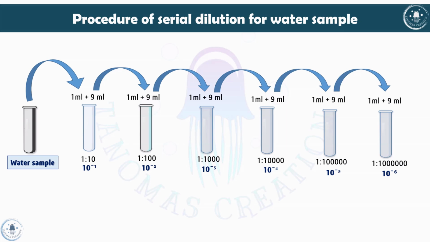The only thing that is different is that in the solid sample we are taking 1 gram in the first one, 1 gram of solid sample, and adding it to the 10 ml of distilled water in the first one, 10 to the power minus 1, whereas in the water sample we are taking 1 ml and adding it to the 9 ml, so that the total volume becomes 10. Okay, so this is the sole difference between these two dilution methods. Rest all the methods are the same.